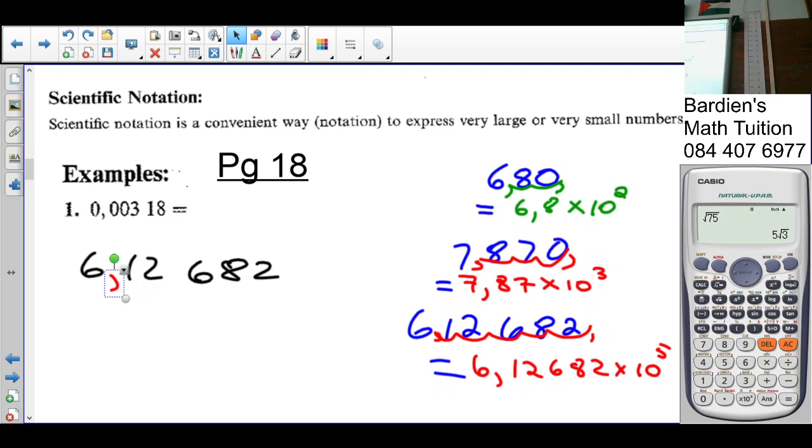Can you see that? So it's going to be 6,12682 times 10 to the 5. If I had moved it 6 place values, then I would have had times 10 to the 6. If I had moved it 12 place values, 10 to the 12. You understand? If we just write any power, you're going to get it wrong.